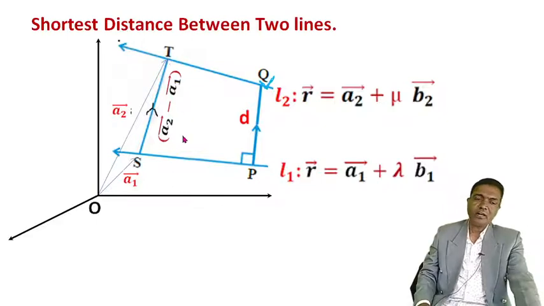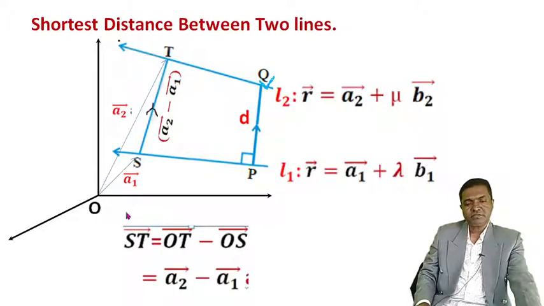Also we know that by the triangle law of vector addition, what is ST? You can express any vector joining two points in terms of position vectors, that is, vector ST is vector OT minus vector OS. As I said, vector OT is vector a2 and vector OS is vector a1.